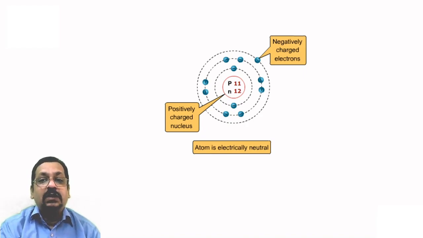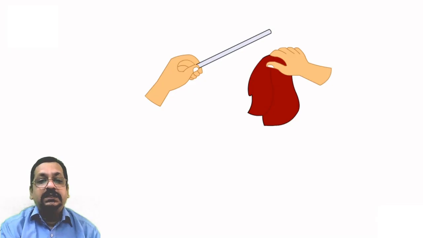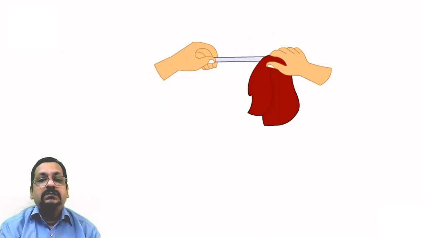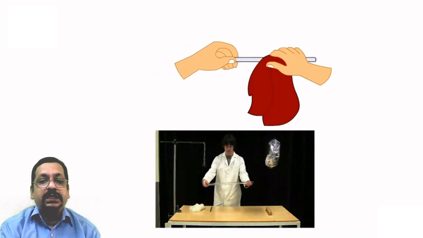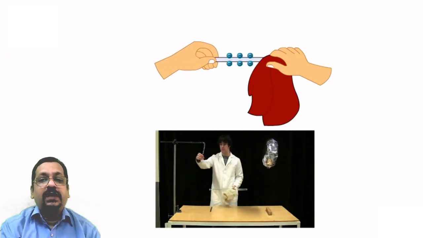But now what will happen if you rub the objects? Let us see that. We have taken here a glass rod and a silk cloth. Now we will rub this glass rod with the silk cloth. So we are rubbing it, and after rubbing this, what will you find?